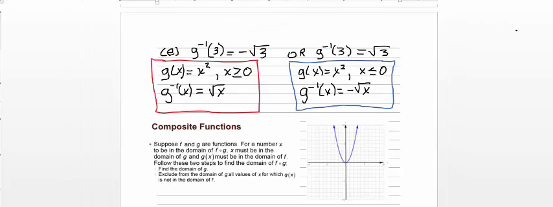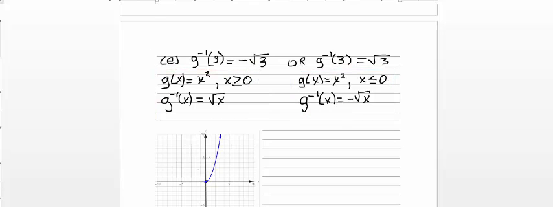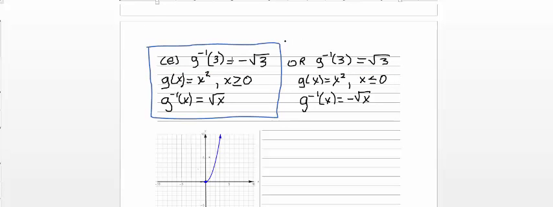So when I look at the graph of g of x equal to x squared, notice how that's not a one-to-one function, because as we looked at earlier, a horizontal line would intersect this more than once. But if I restrict the domain to be greater than or equal to 0, now I am dealing with a one-to-one function.